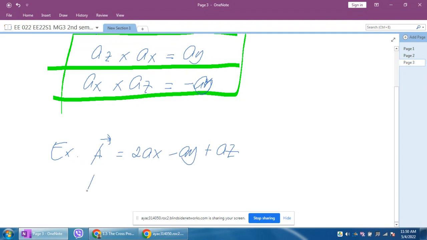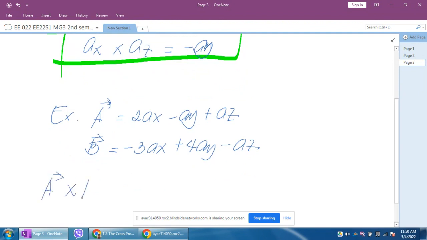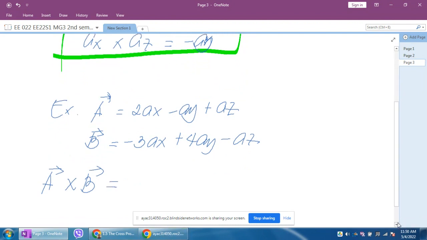And then we have B is equal to negative 3AX plus 4AY minus AZ. And then let's solve for A cross B. A cross B. So ang gagawin nyo lang po ganito. Latag nyo lang po siya in matrix form.